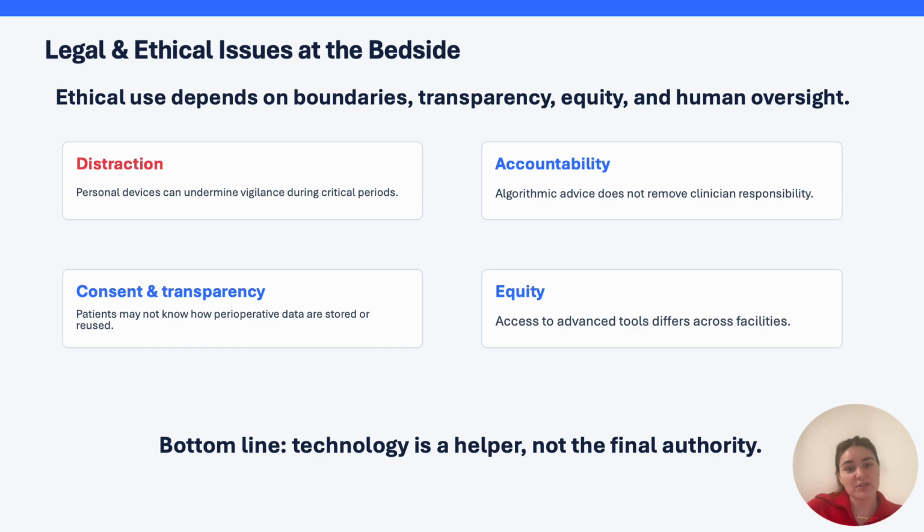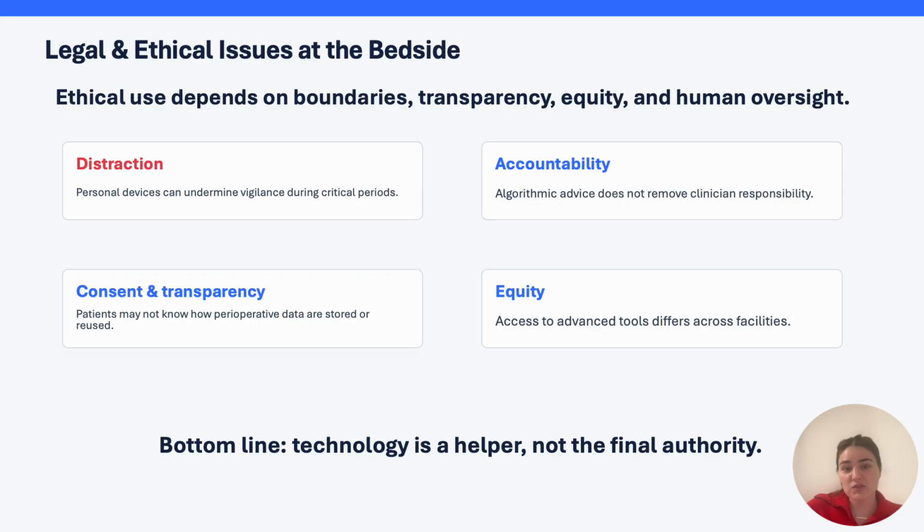Another concern is accountability. Artificial intelligence and clinical decision support may recommend a medication, predict hypotension, or identify an abnormal event. However, the clinician remains responsible for evaluating that recommendation. An algorithm does not assume responsibility for the outcome. Consent and transparency are also important. Patients may not fully understand how their intraoperative data are collected, stored, shared, or later used for research or system development.